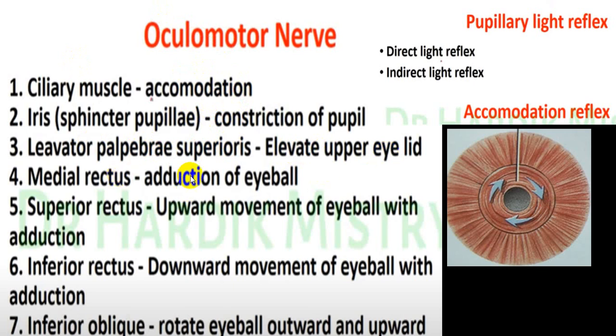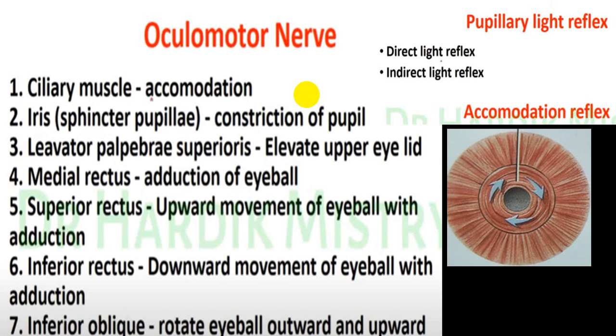Medial rectus will be concerned with adduction of the eyeball. We'll be using many terms: inward movement, nasal movement, adduction, convergence, etc. Superior rectus is concerned with upward movement with adduction, because the direction of the superior rectus is such that it will move the eye medially and upward.